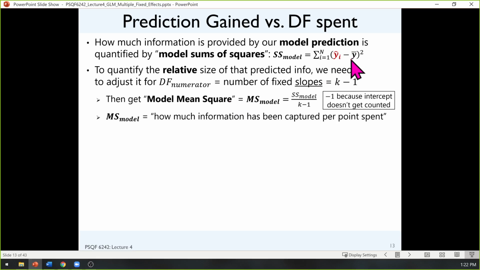So the idea here is, how much better did we do by building a custom y hat using predictors than we would have done just giving everybody the same guess as to what their outcome should be, the mean? The mean is like the worst you can do, right? That's the prediction from the empty model. How much more information have we captured by giving each person a y hat based on the predictors in the model rather than just the mean? Then we divide that quantity by how many slopes it took to get to that level of prediction. So mean square is like how good the model did divided by how many slopes it took to get to that point.